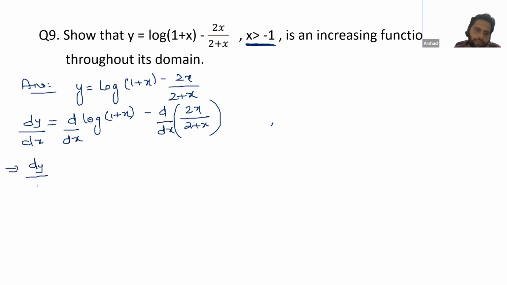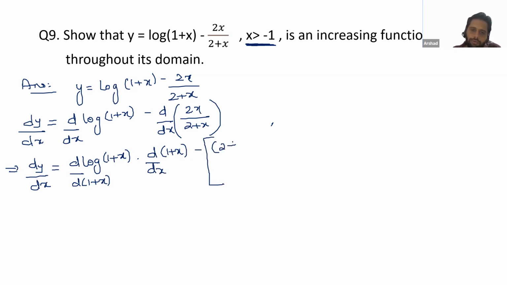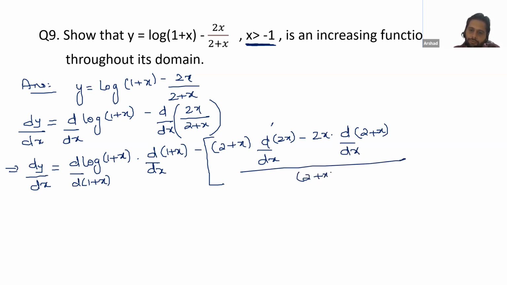So dy by dx is d of log(1 plus x) with respect to (1 plus x), then (1 plus x) with respect to x, minus. Apply the quotient rule: (2 plus x) times the derivative of 2x with respect to x, minus 2x times the derivative of (2 plus x) with respect to x, by (2 plus x) whole square.